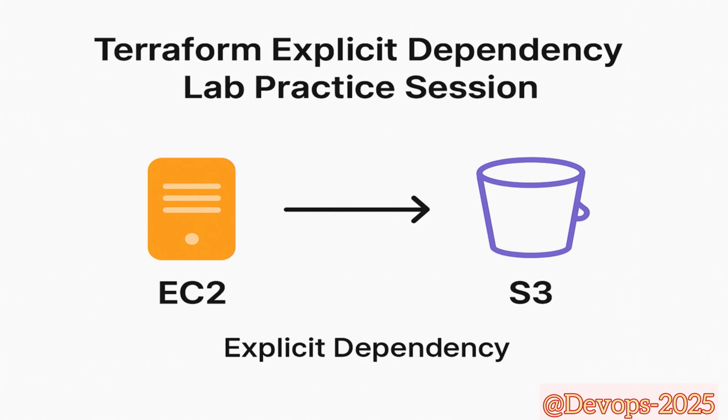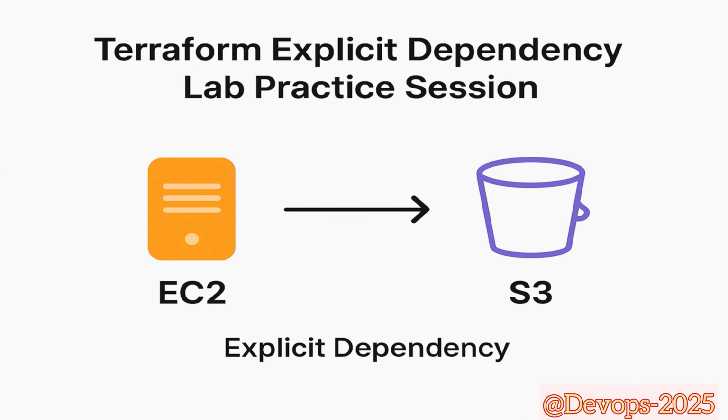Okay, so now let's take a real-time example with one EC2 instance and one S3 bucket. Technically, there is no dependency between EC2 and S3. However, logically, I want the S3 bucket to be created first, since the EC2 instance may store some data into it later.